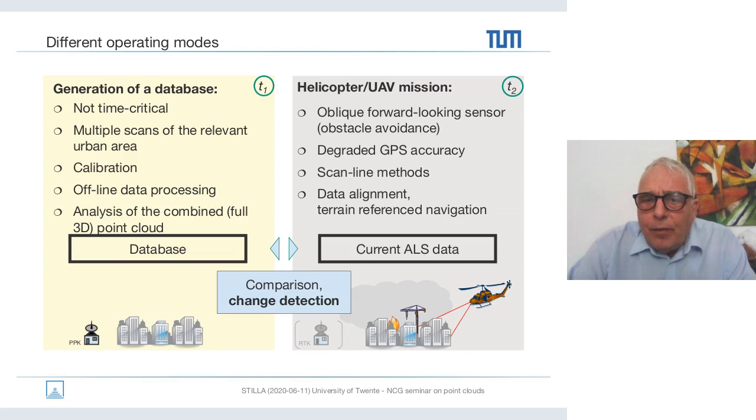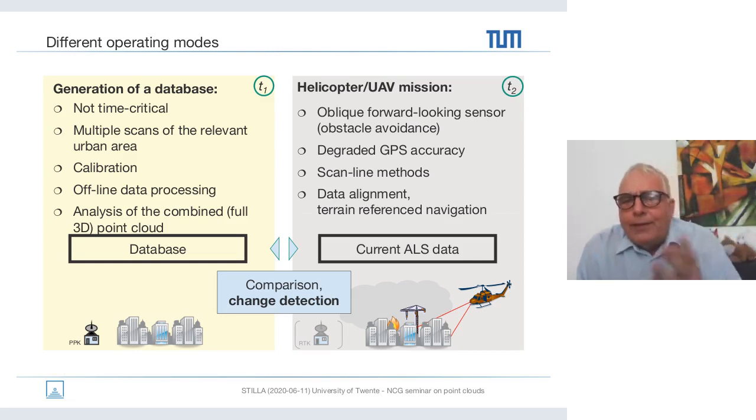So the basic idea for this work is that we are able to generate a database like the one you have seen before, which is not time critical. We use multiple scans for the relevant urban areas. The calibration is done. Just ICP is not working in this case.